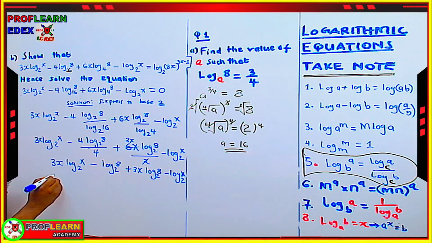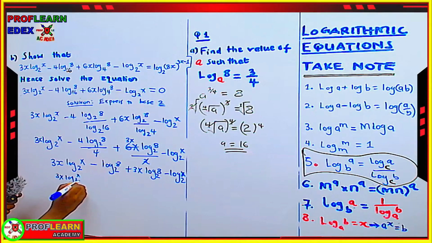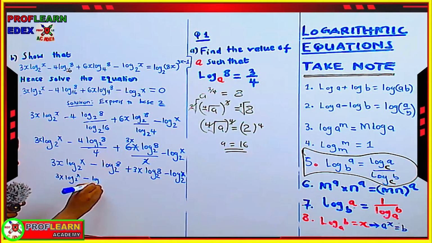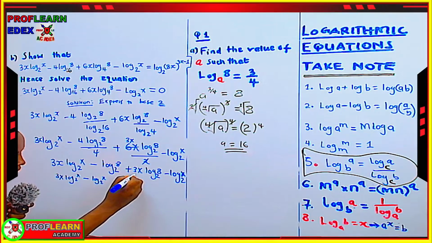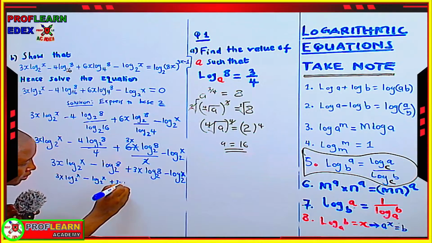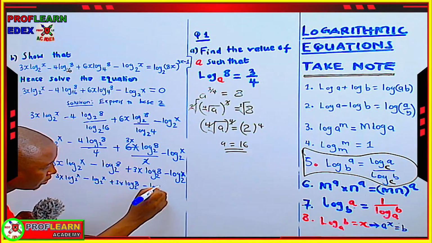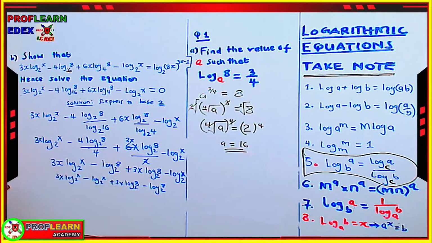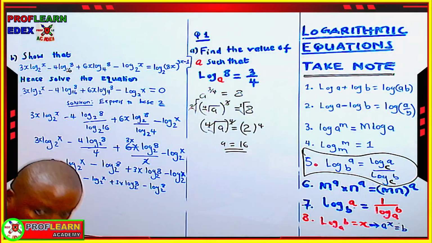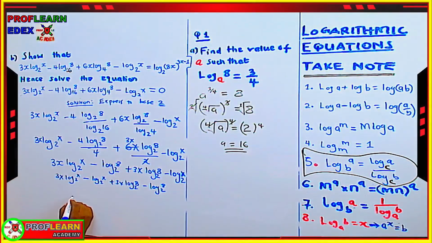This can be written as log x power 3x minus 1 base 2 plus log 8 power 3x minus 1 base 2.